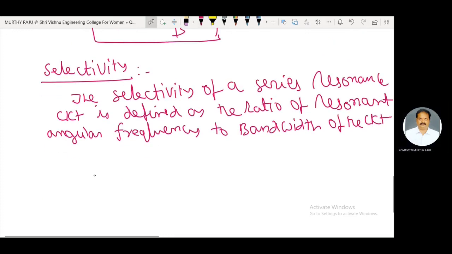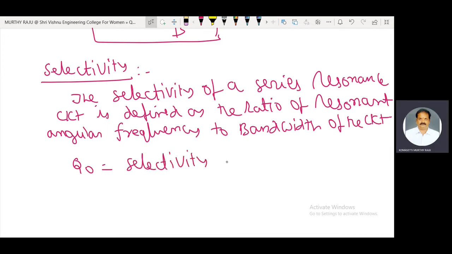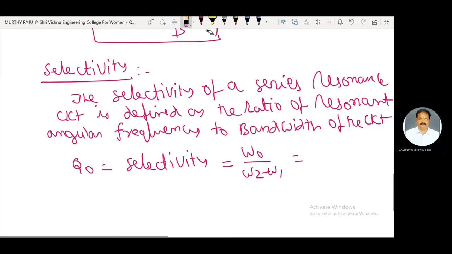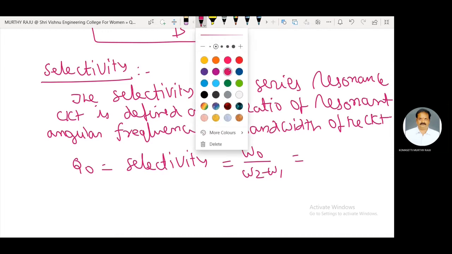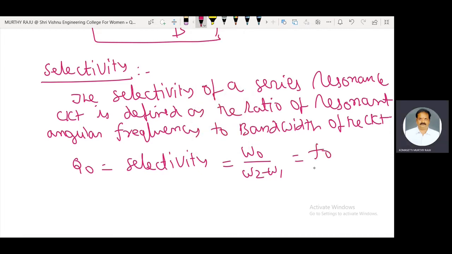Therefore, Q naught is equal to selectivity, which is equal to omega naught by omega 2 minus omega 1. In terms of frequency, it is f naught by f2 minus f1.